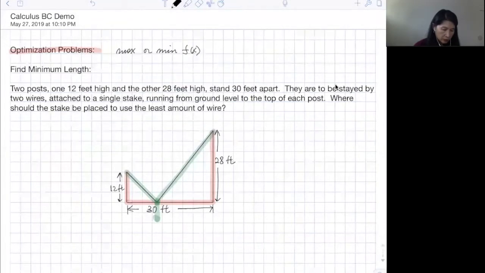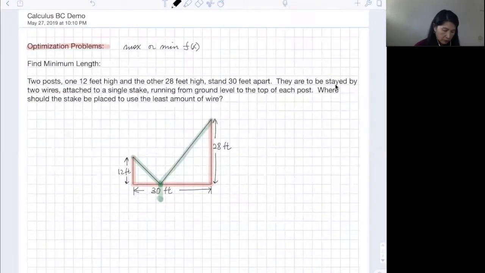To start our problem, we are going to label our variables and set up our situation. Since the length of the wire is the sum of the two green segments, we are going to call the length of the shorter green segment Y and the length of the longer green segment Z. You can see that this sets us up very nicely for two right triangles.